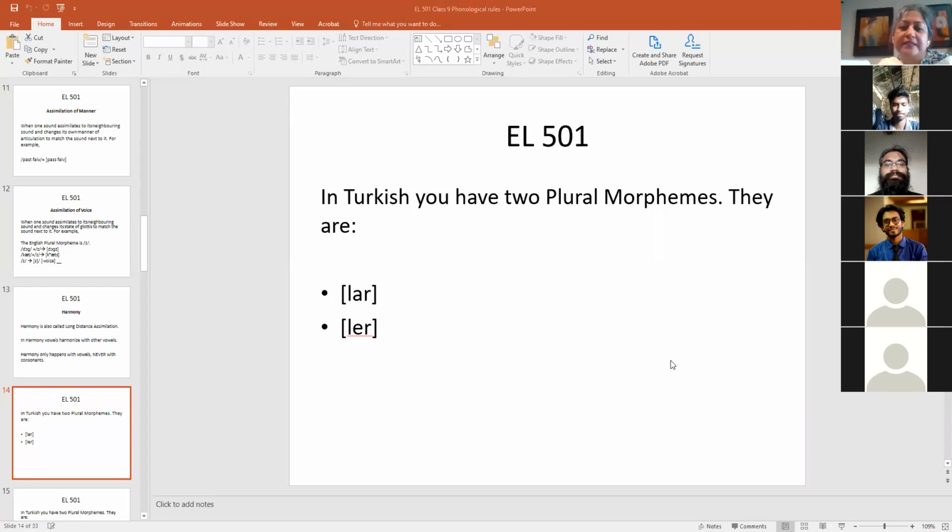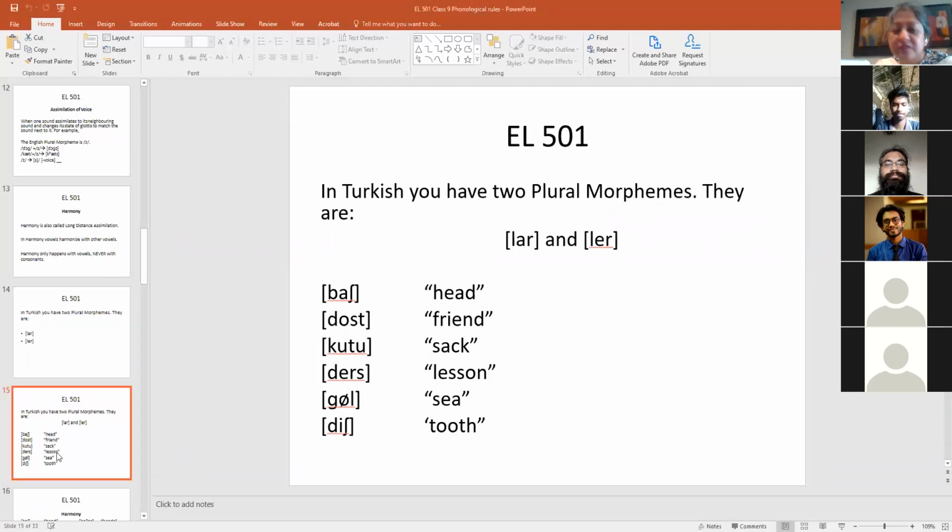So these are two morphemes, and they come across words such as bash, which means head, dost, which means friend, kutu, sack, der, lesson, gil, dish, tooth. If we pluralize these, which plural morpheme will they take? Which plural morpheme do you think bash will take if it wants to harmonize?